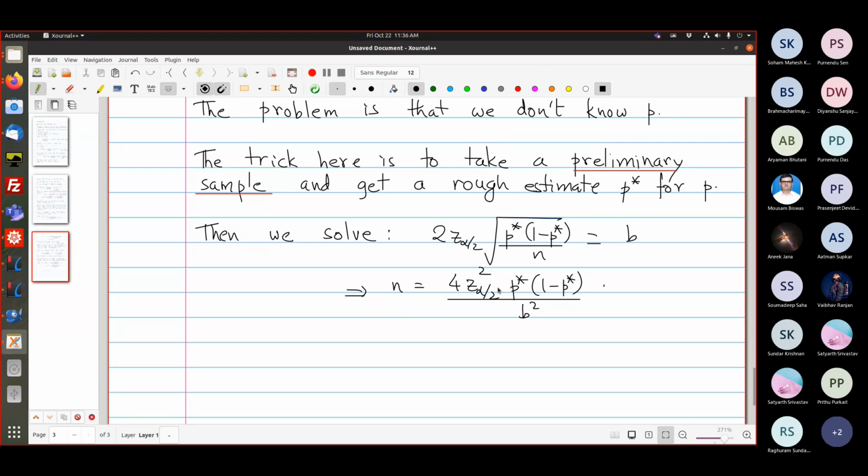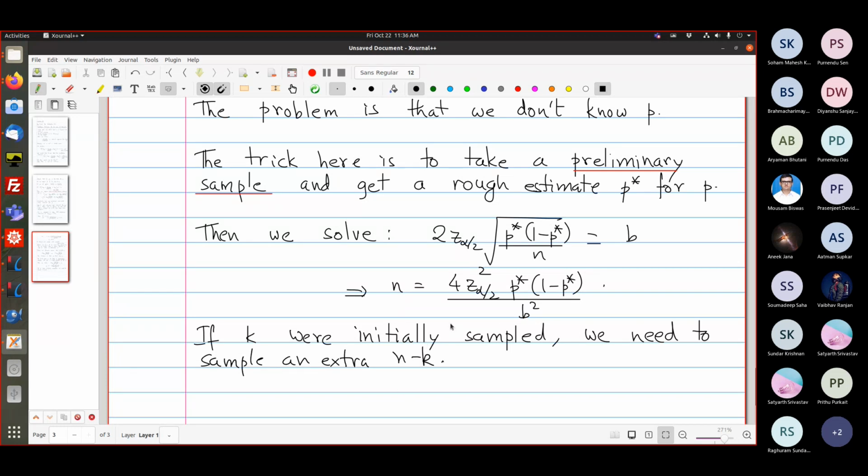Okay. So if k were initially sampled, we need to sample an extra n minus k.